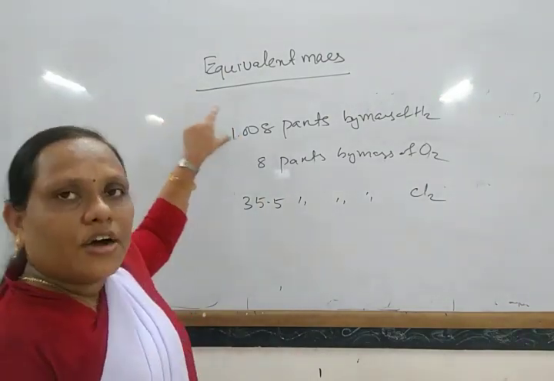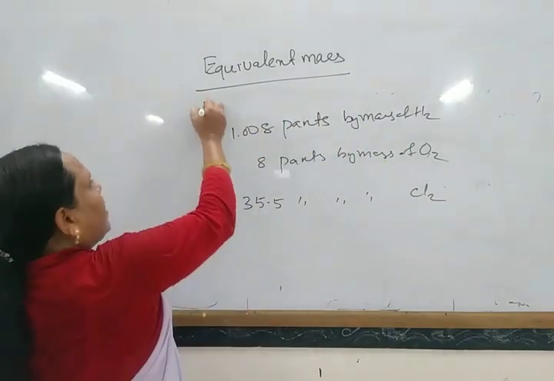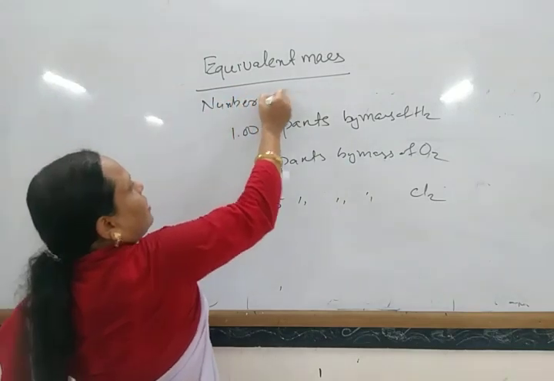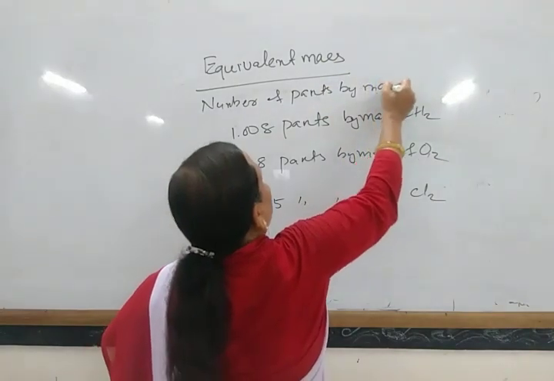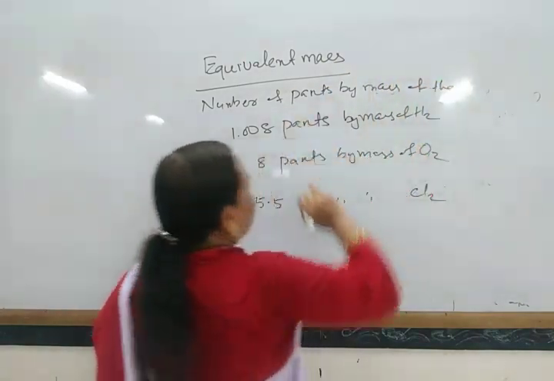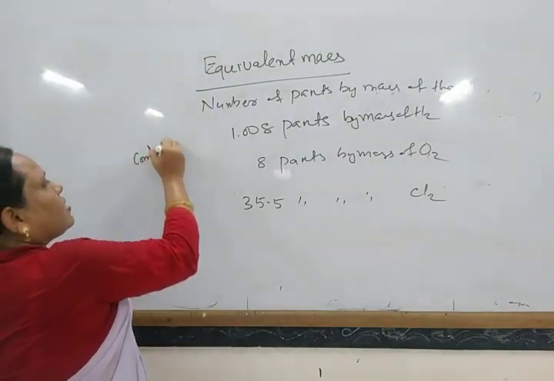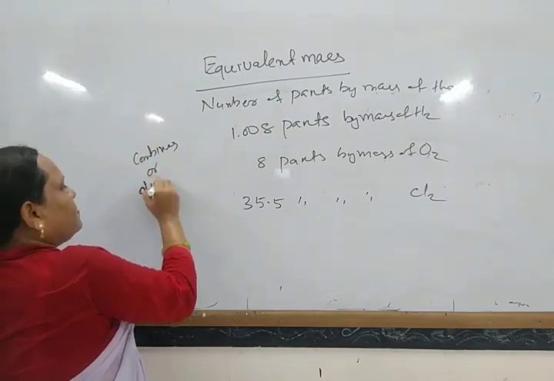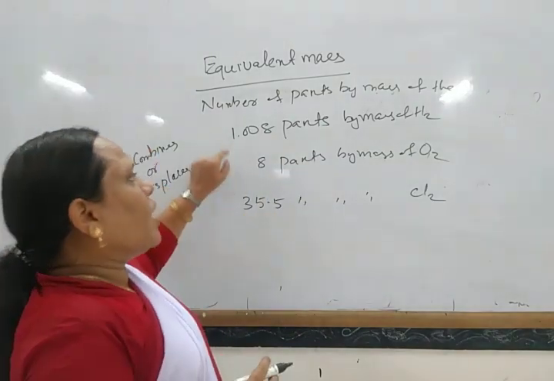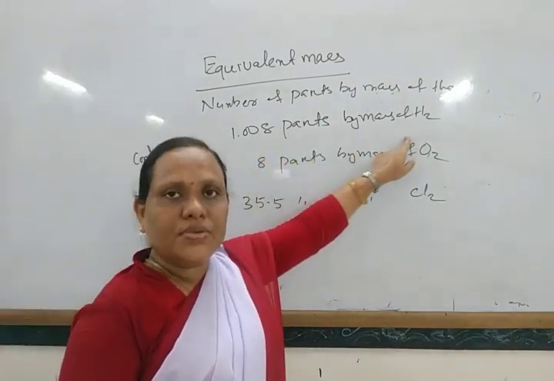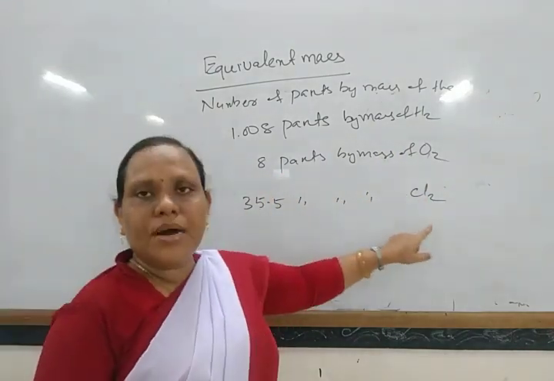So the equivalent mass of any element or any substance is the number of parts by mass of the substance which combines or displaces, directly or indirectly, 1.008 parts by mass of hydrogen, or 8 parts by mass of oxygen, or 35.5 parts by mass of chlorine.